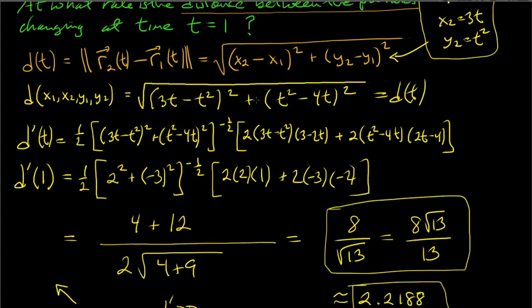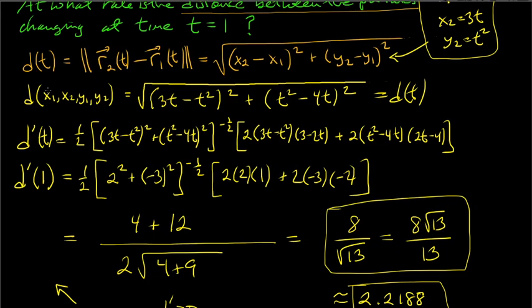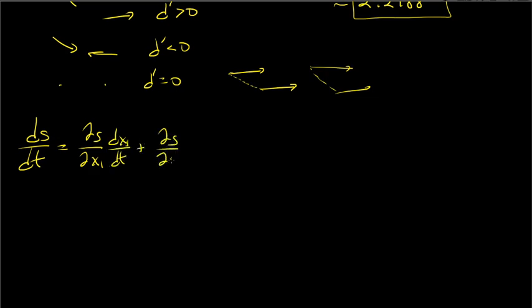But yeah, so the other way would have been to use the chain rule, which would have you do, and I really should have used s here for distance. Now I really regret. Let's call it s instead of d. So we want the derivative of s with respect to t. It would be the partial of s with respect to x1 times the derivative of x1 plus partial of s with respect to x2 times the derivative of x2, and so on, right?